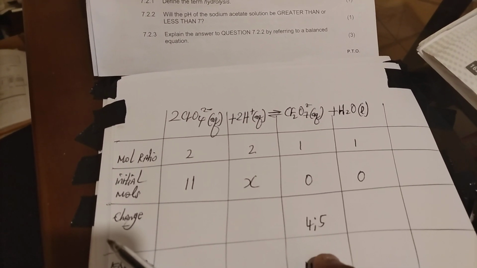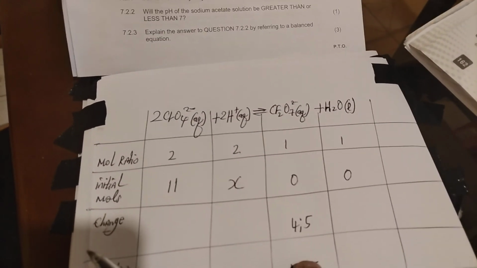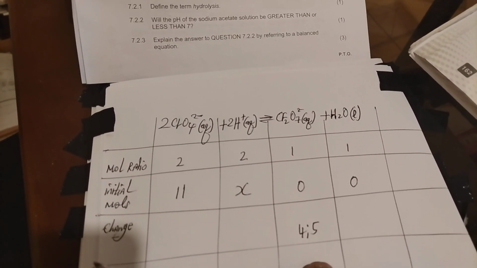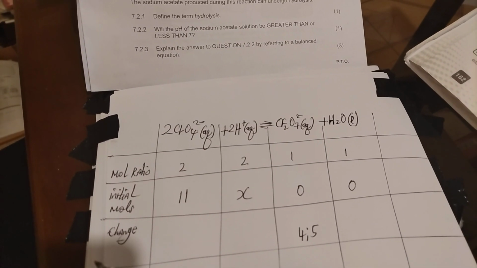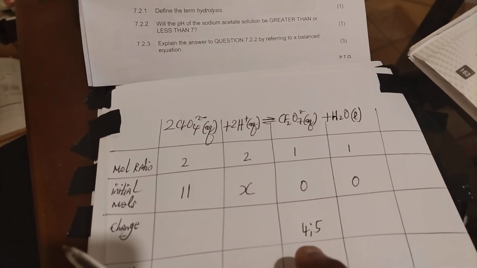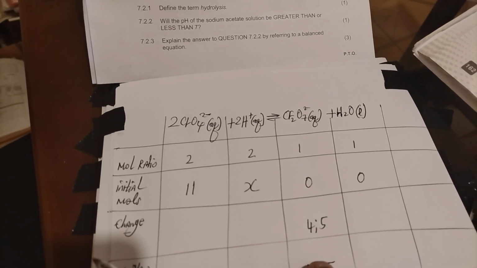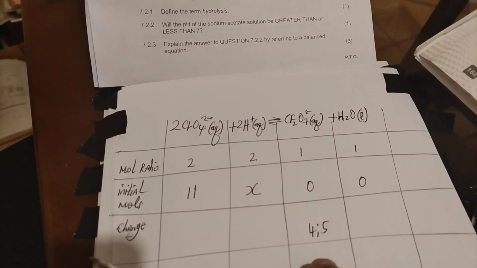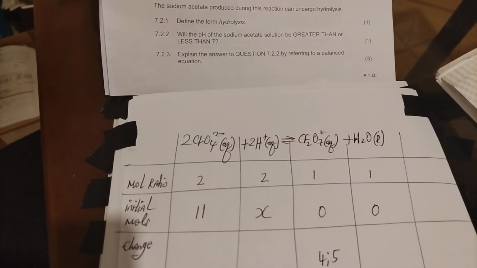Then it says they were initially added together to make a 0.5 cubic decimeter solution and allowed to react. Then it says that when the reaction reaches equilibrium, the solution contains 9 mole per cubic decimeter of dichromate. Now that is the concentration of this, which of course I indicated that when we work in this, we have to convert that.